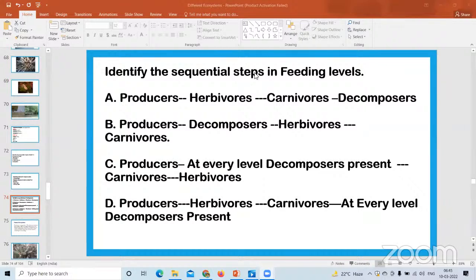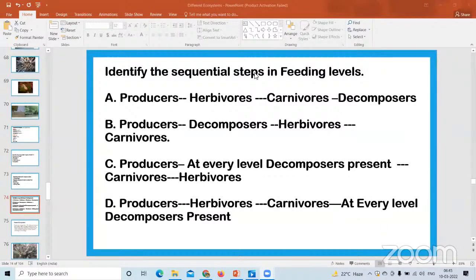Producers means plants. Herbivores means the living organisms which eat plants. Carnivores eat herbivores. At every level decomposers are observed.